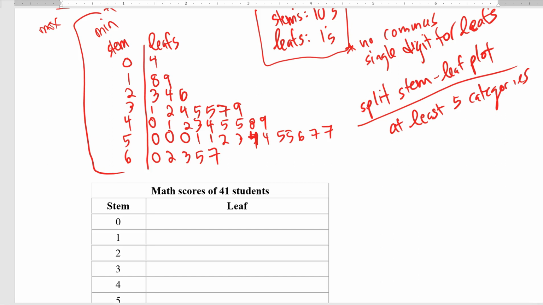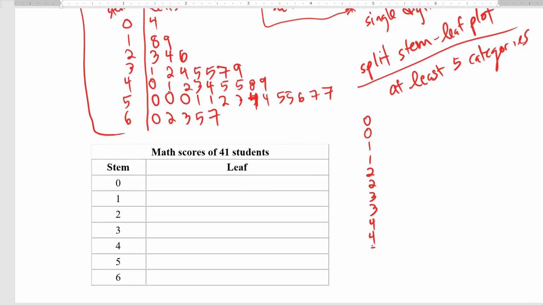So instead of putting a 0, we'd put 2 zeros, 2 1s, 2 2s, 2 3s, 2 4s, 2 5s, and 2 6s. So if I did a split stem and leaf plot, what we're doing is dividing all these numbers, which would have been from 0 to 9, and splitting them.